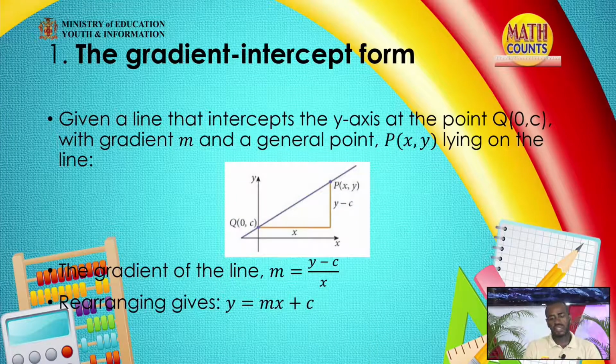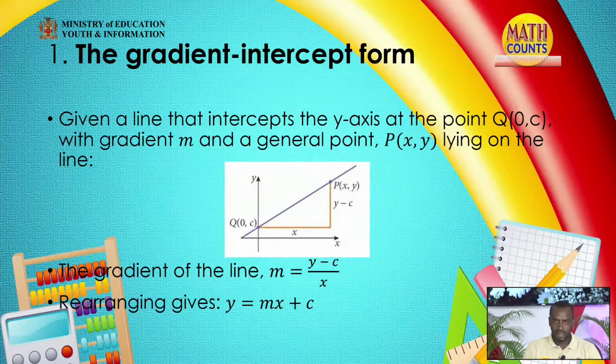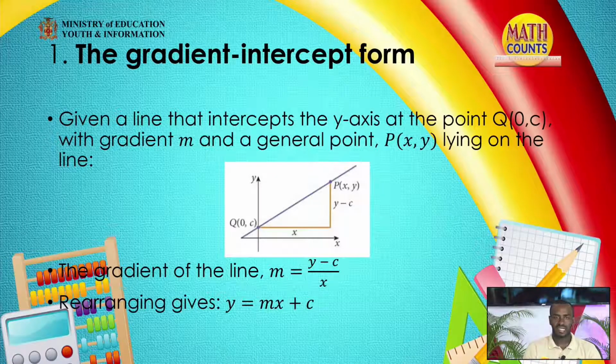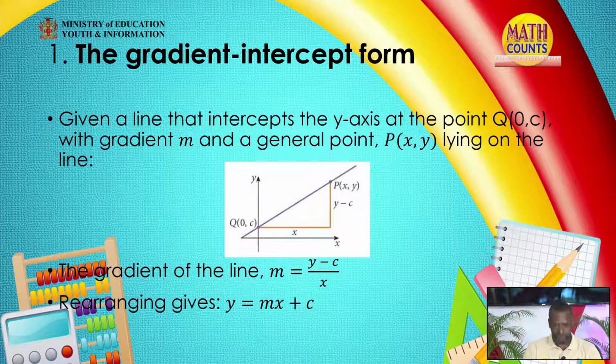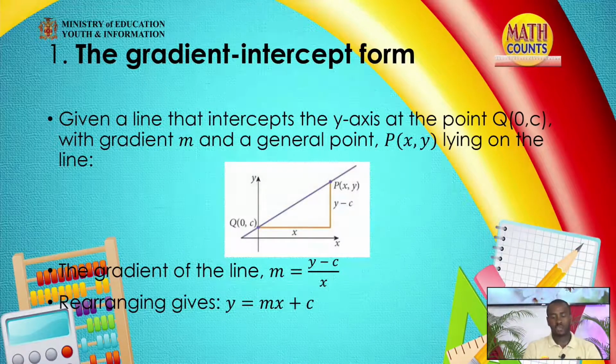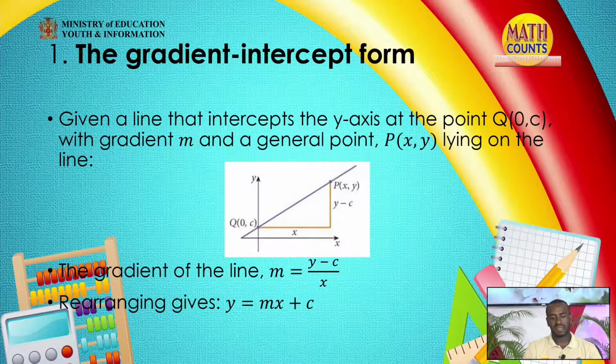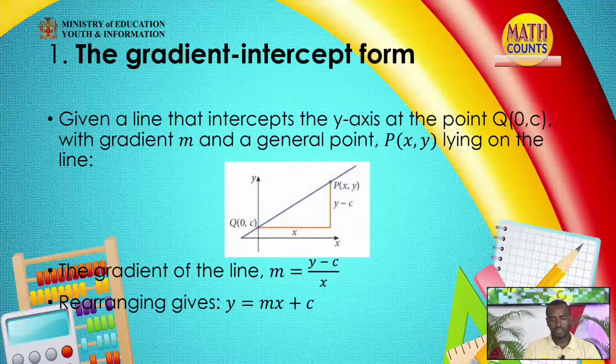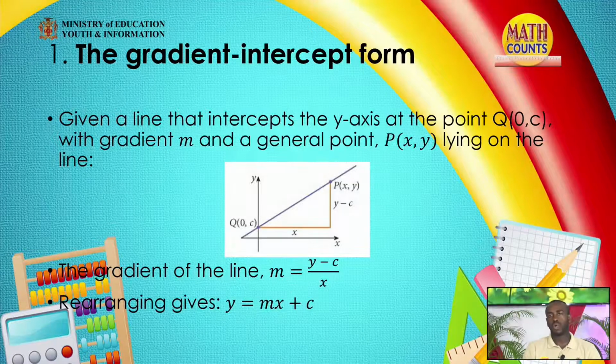As you can see in this diagram, the line runs directly through the y-axis, and that point is indicated by the letter Q, while P is a point on the line as was stated before. Since we are now going to find the equation of a line, we are going to look at how we find the gradient of this line.